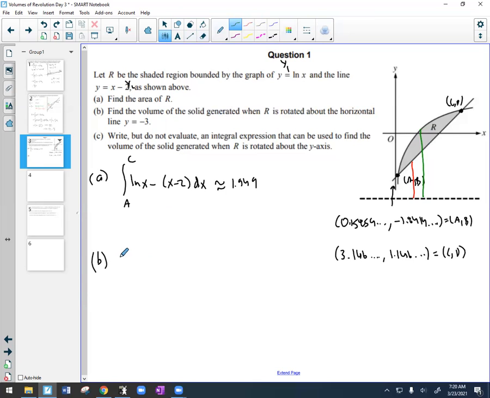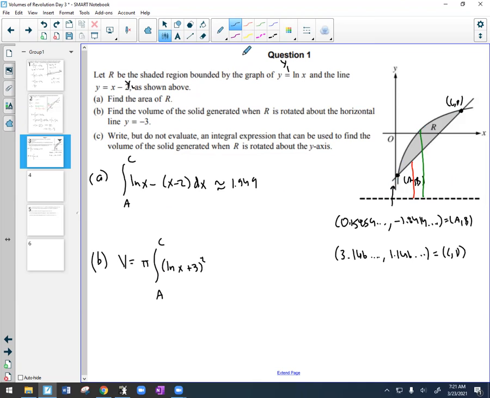So the volume here is pi times the integral from a to c again, because I'm going left to right. These are x limits. Big R is top minus bottom, and that's log x minus -3. Minus -3 is +3.